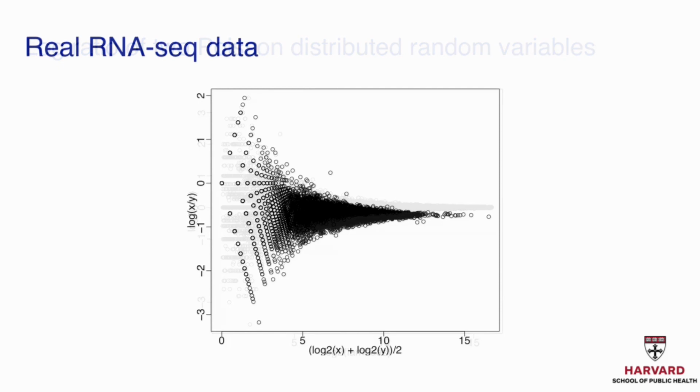Here's real data. Now what I did is I took the counts for all genes, and what do you see? Pretty similar behavior. Small expression, bigger variance. So this is a case of how modeling can be useful, as George Box told us several decades ago.